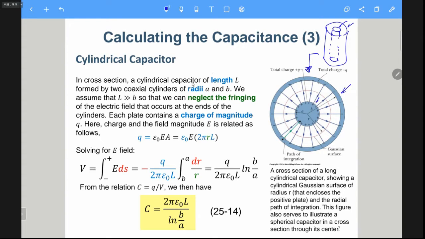Okay. So in cross-section, a cylindrical capacitor of length L formed by two coaxial cylinders. Coaxial means 同轴啊，同轴. Co means 同嘛 and axial means axis. So coaxial means that this is a cylinder and this is another cylinder.